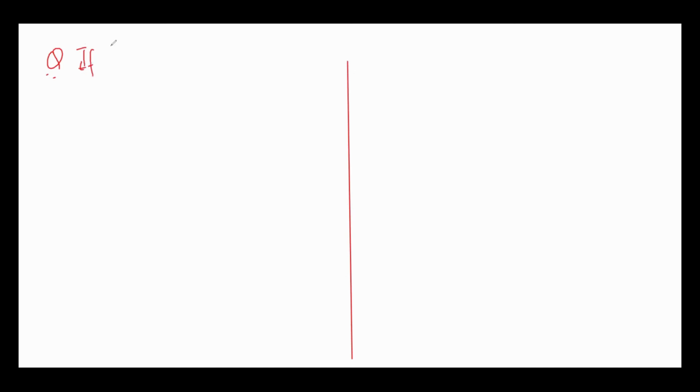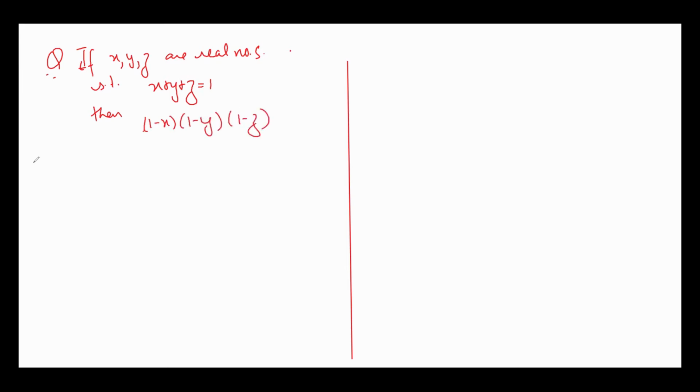If they say that X, Y, Z are positive real numbers, sorry, you can say that X, Y, Z are real numbers such that X plus Y plus Z is equal to 1, and you have to find 1 minus X into 1 minus Y into 1 minus Z, and your options are, now look.